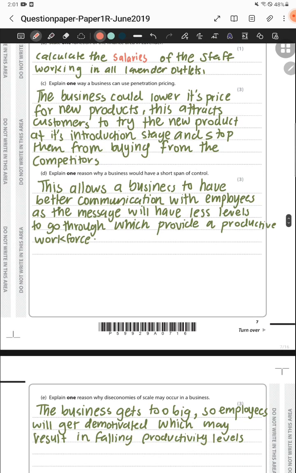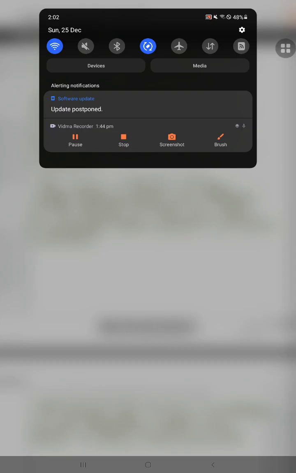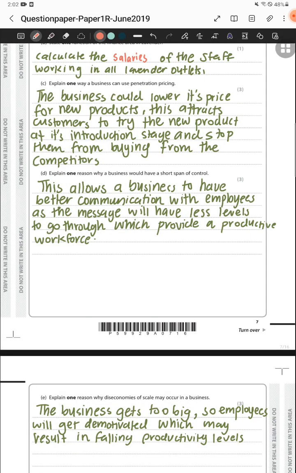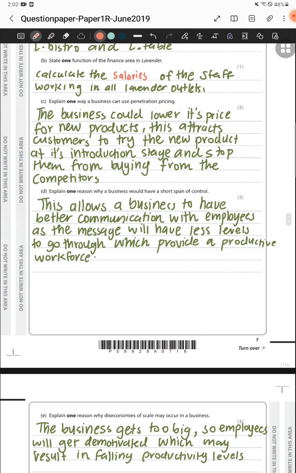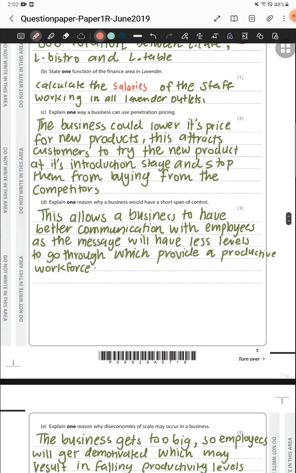Explain one way a business can use penetration pricing. Again, this is definitely in your textbook, so please have it around if you're not using the marking scheme, because sometimes I prefer to use it. Alright, the business could lower its price for new products.